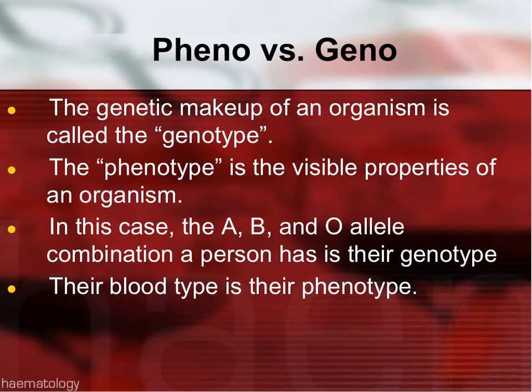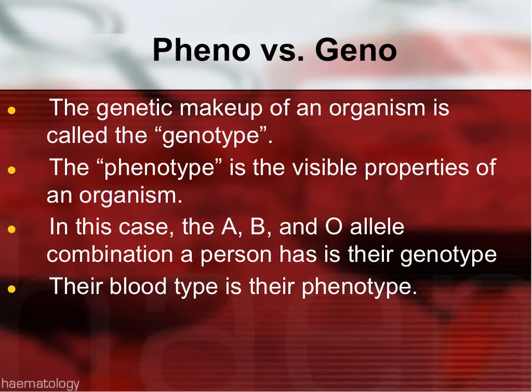Okay, we've talked about this before, but let's just revisit phenotype versus genotype. So phenotype is the visible properties, or what is expressed. Genotype is what is on the genes. Which alleles do you have? Now, in an earlier lesson, I described phenotype as what you see, and genotype as what letters are representing your alleles. And that's still the case, but here's the thing.